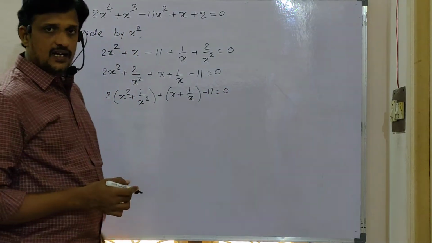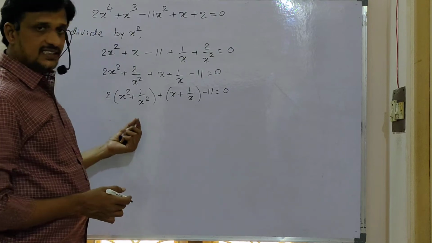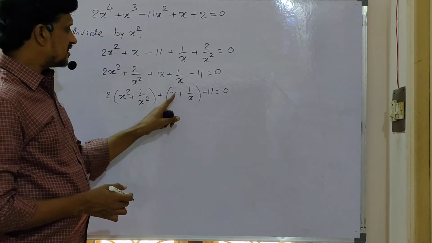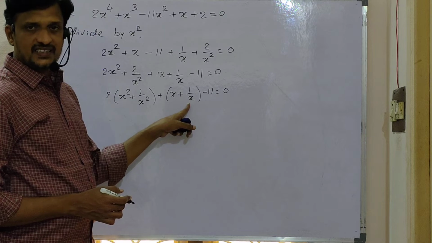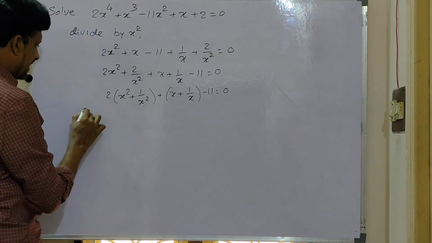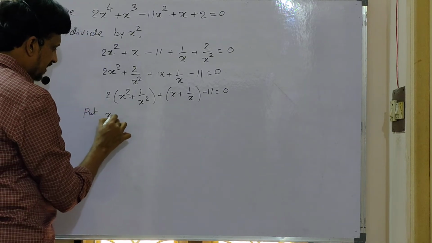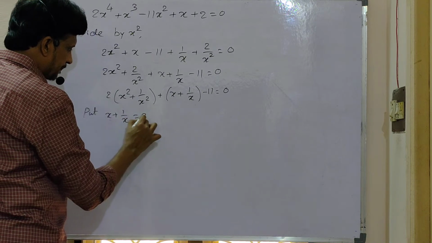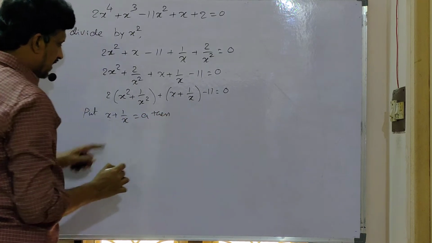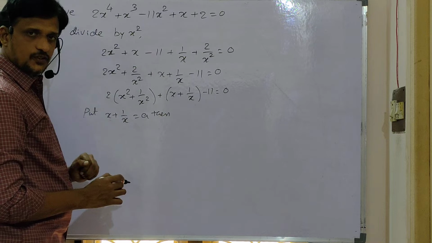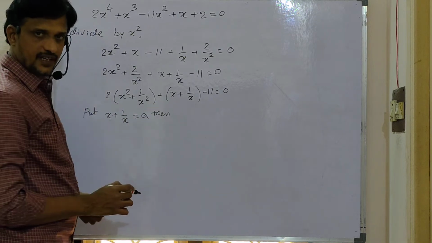Now for our convenience, to write this in simplified form, just suppose that x + 1 by x is equal to a, any constant. So put x + 1 by x = a. Then how can you write x^2 + 1 by x^2 in terms of a?